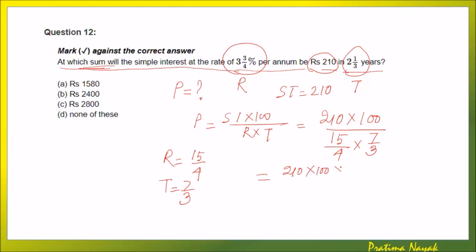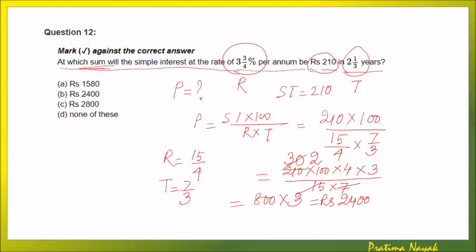So 4 and 3 will be multiplied in the numerator, and 15 and 7 will be in the denominator. So 7, 3 times 21, 0, 15, 2. Now go on multiplying. This will be 200 into 4, 800 into 3. How much? Rupees 2400. Have you done it? I hope you also completed.